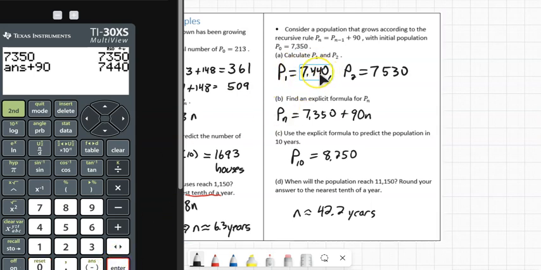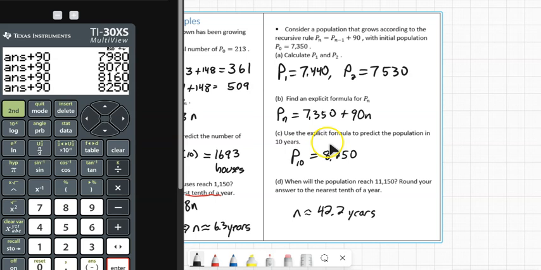Enter, P sub 1. Because I coded it with answer, if I hit enter again, it'll do the recursive rule again, and we'll get P sub 2. P sub 3, 4, 5, 6, 7, 8, 9. Here's P sub 10. This way we can verify all of this work.